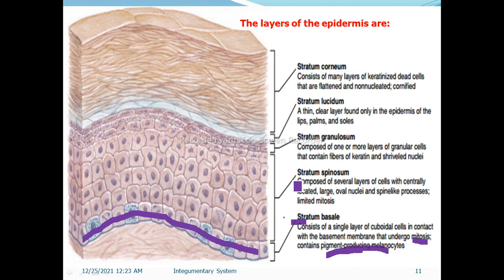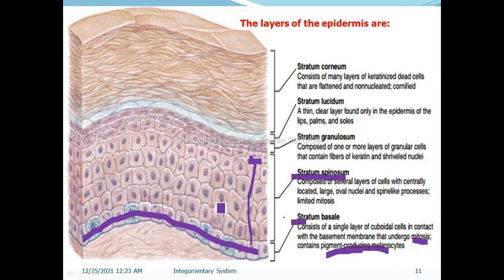The second layer is stratum spinosum. Stratum spinosum has several layers of cells with centrally located nuclei. From here up to here, how many layers? 1, 2, 3, 4, so many layers.